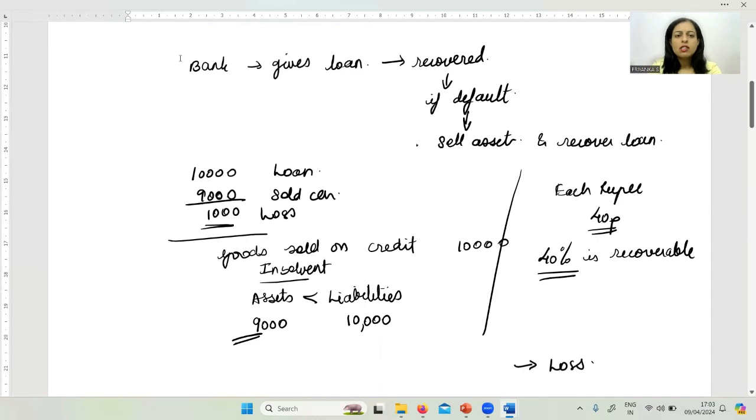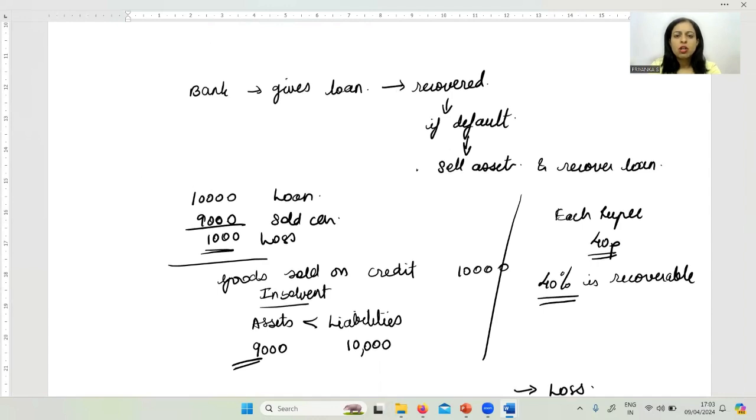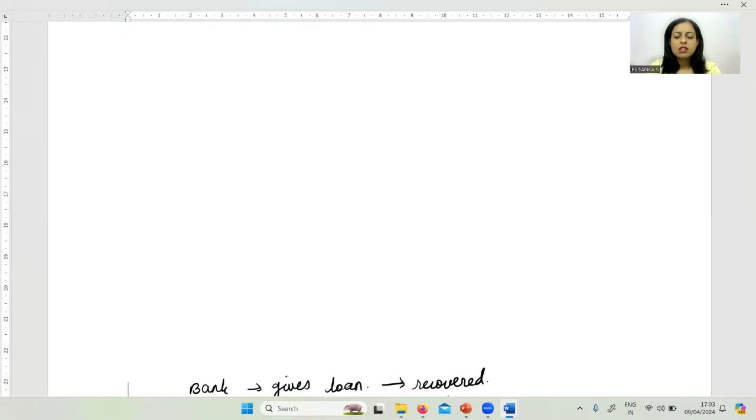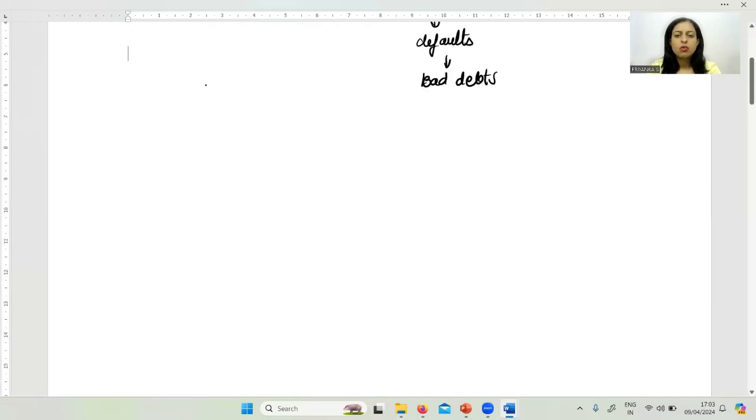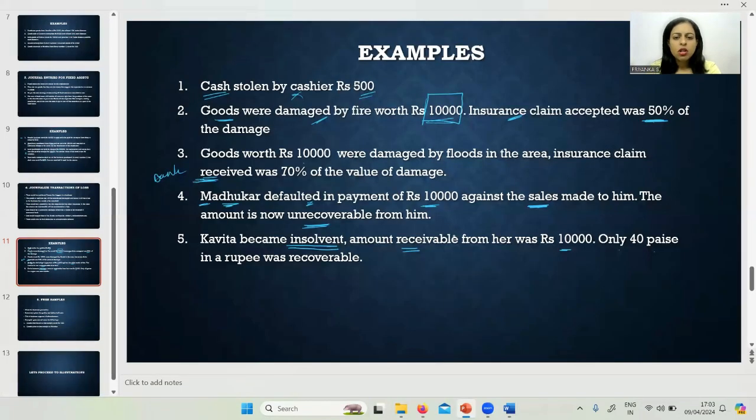So how would you write this particular transaction now? When you have to write this transaction, we have two to three things here. One is the amount of money that is recoverable. So what is recoverable? 4,000 in this case, because 40 paise in a rupee was recoverable. Out of this 10,000, you can recover 4,000.